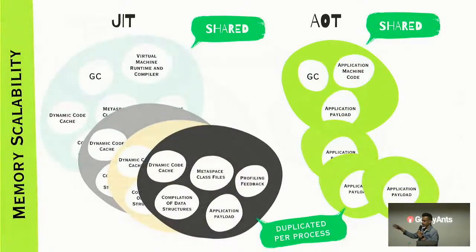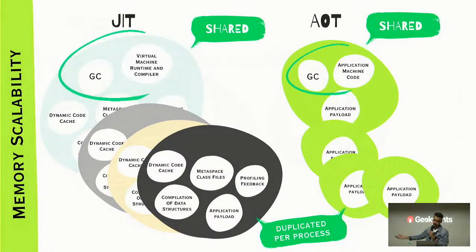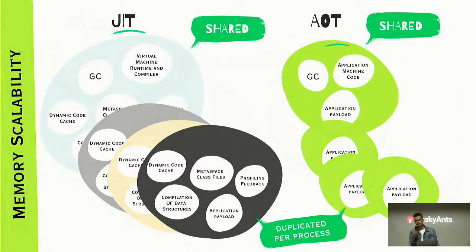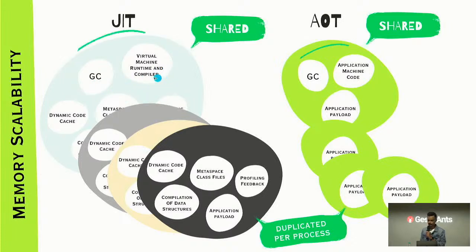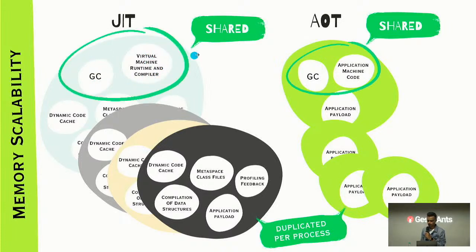Here I tried to provide a resolution on memory scalability. Whenever you are scaling your application, say you are scaling your pod, then if you are using JIT, the garbage collector and the VM and compiler are the only shared resources.